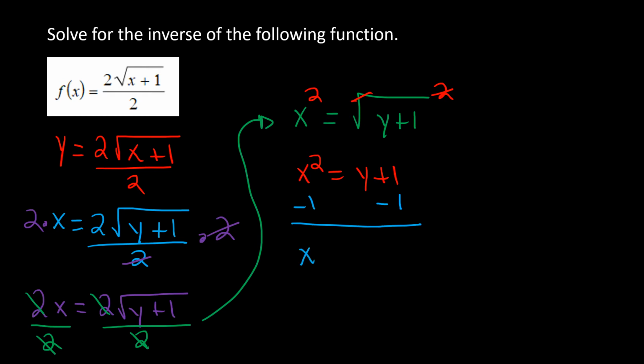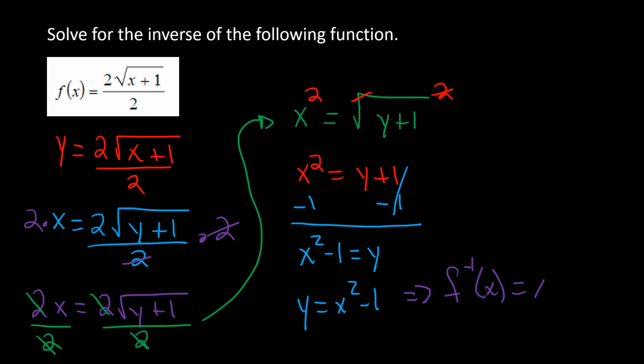So we'll get x squared minus 1 equals y, because 1 plus that simplify out. So we're left with y equals x squared minus 1. And for notation purposes, we know this is really going to end up being f inverse of x equals x squared minus 1. And this is how we solve for the inverse of a function. Okay. Let's go ahead and move on.